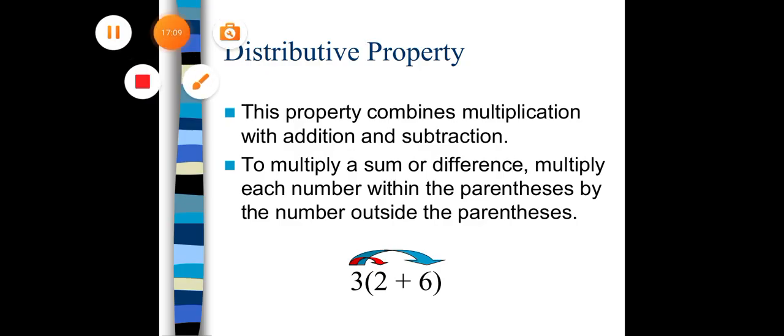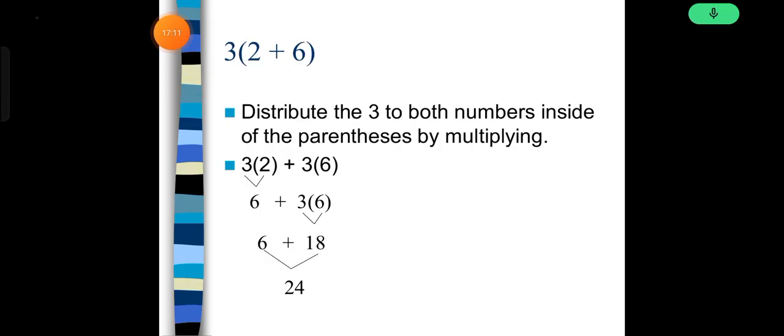Let's check it out: 3(2 + 6). Distribute the 3 to both numbers inside the parentheses by multiplying. Again, what I said, you need to multiply that. Now 6 plus 18 will give you 24. So this is how you're gonna do it. Have a look at it, and then you're gonna understand it.